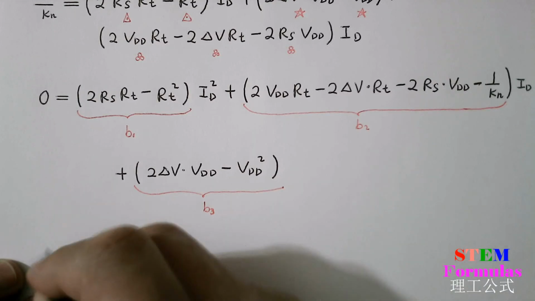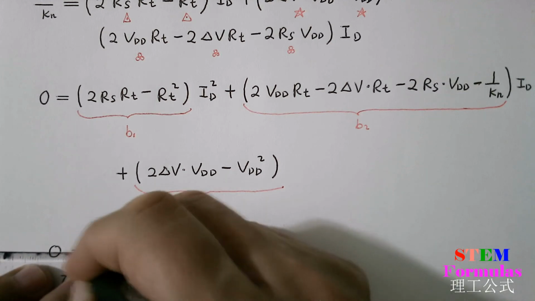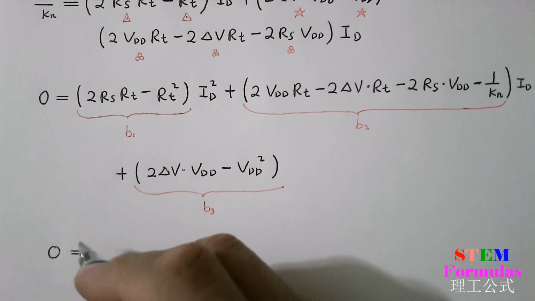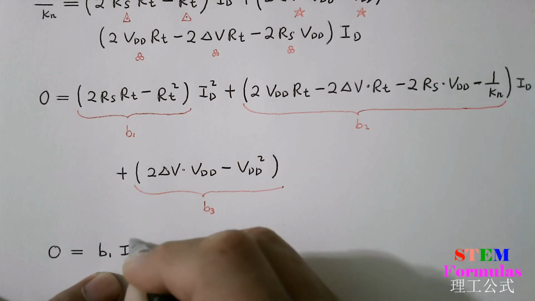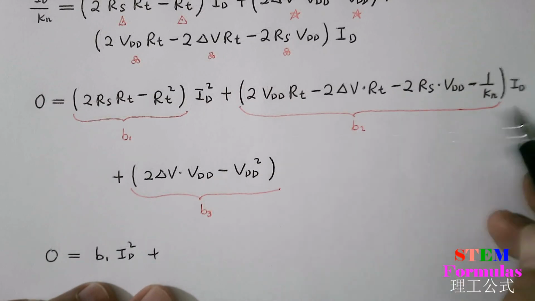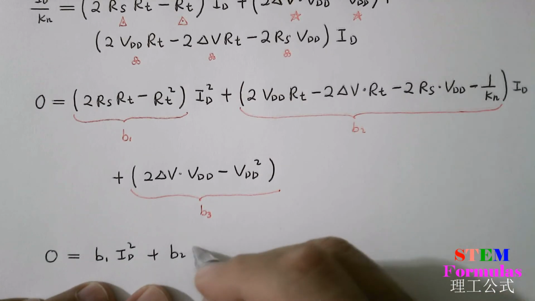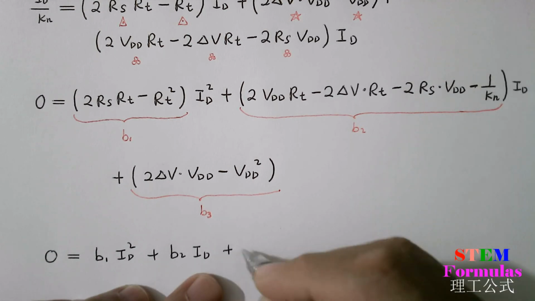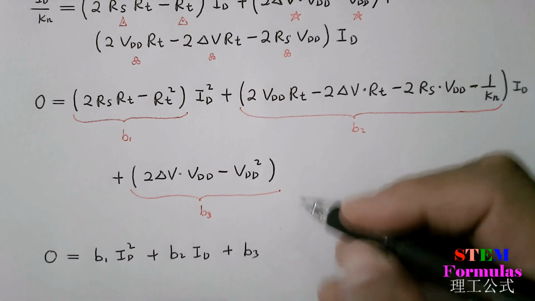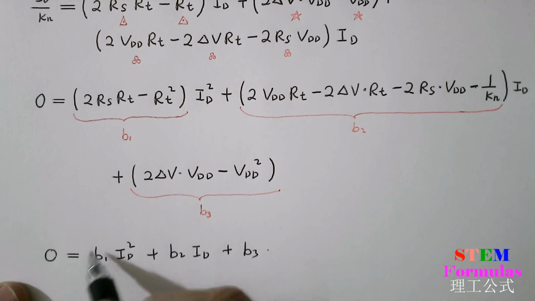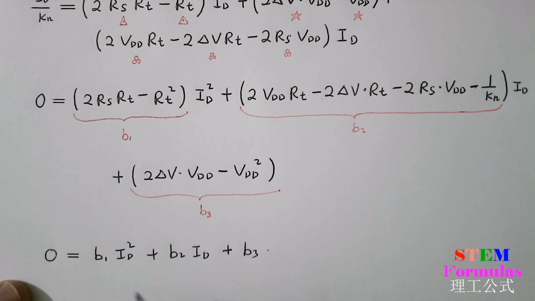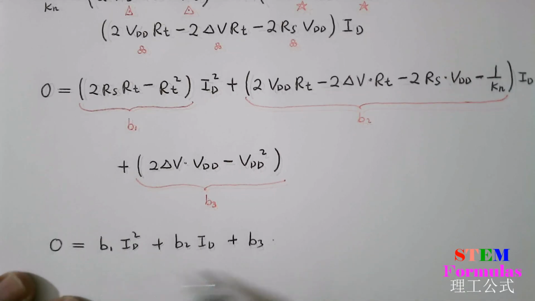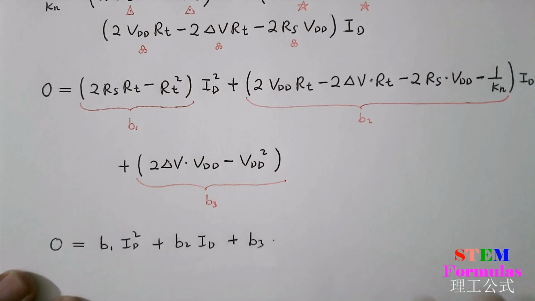I can write 0 equal B1 ID square plus B2 linear term ID plus B3. This function I can send to Matlab to solve.